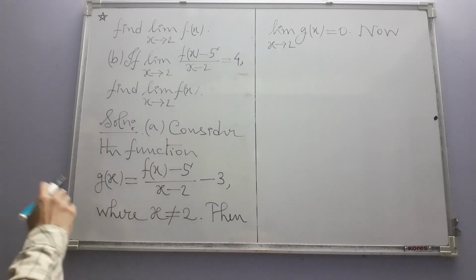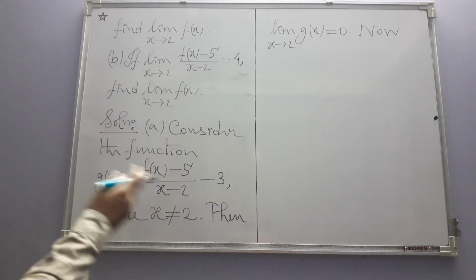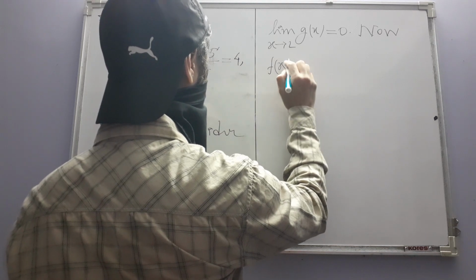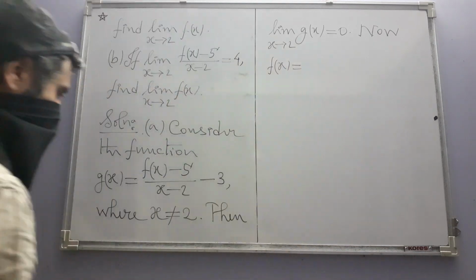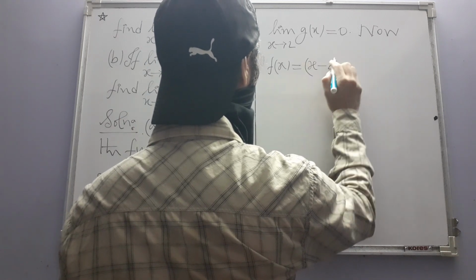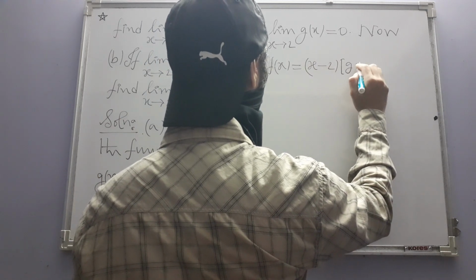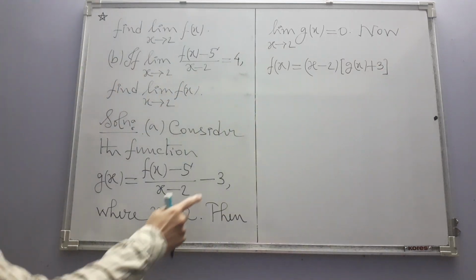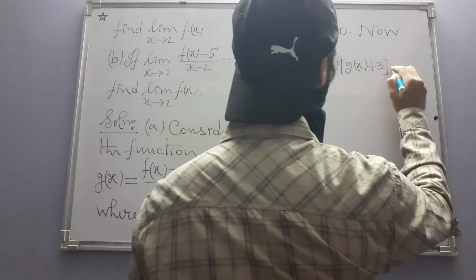Now express f in terms of everything else, including g. In this case it will be x minus 2 times (g of x plus 3) plus 5.